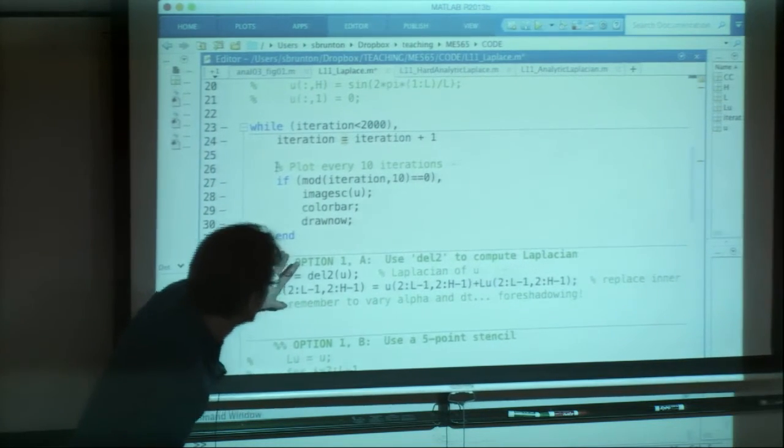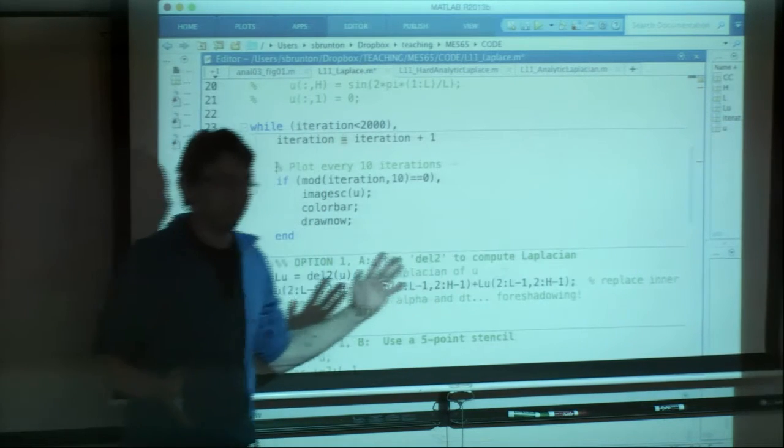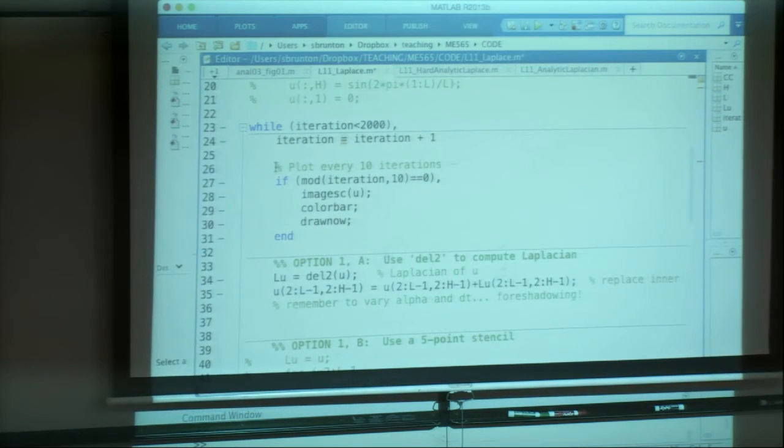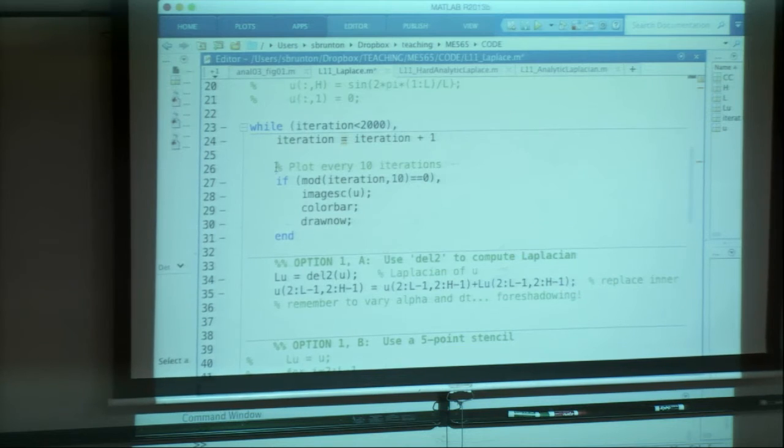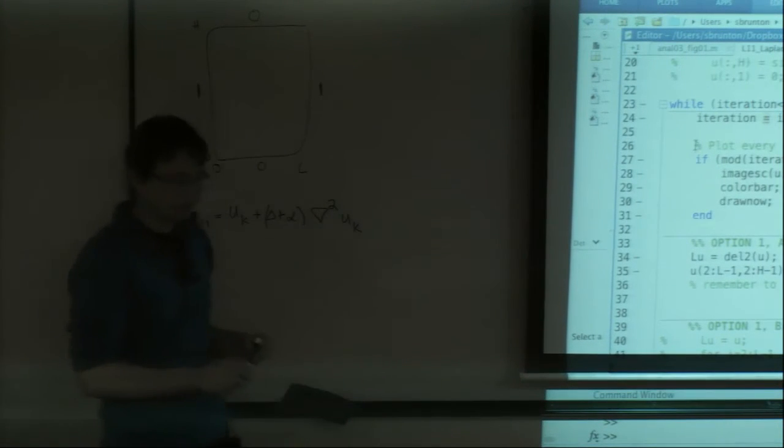And in option 1, I'm using the del2 command to compute my Laplacian. I told you that there's this function del2. Remember, we had u^(k+1) equals u^k plus delta t alpha times the Laplacian of u at time k.